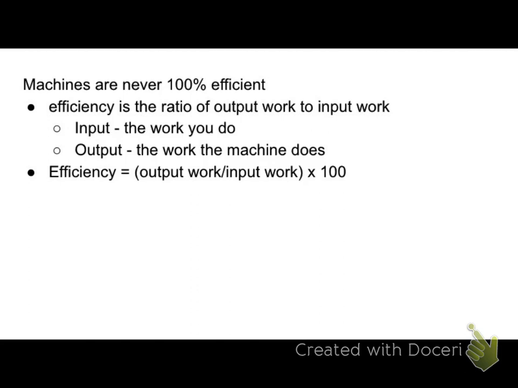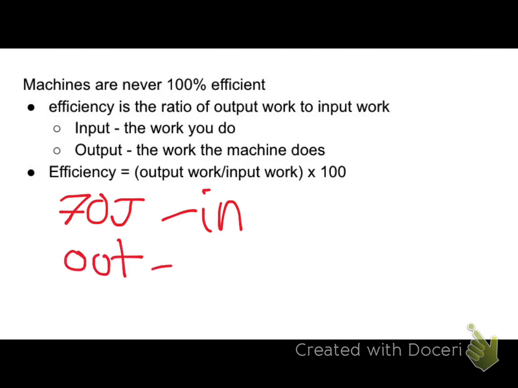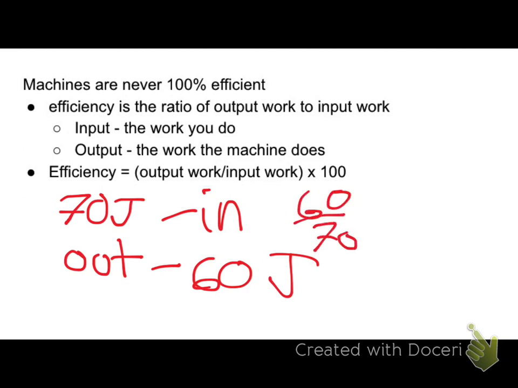You can calculate efficiency using the formula efficiency equals output work divided by input work times 100. So if I say my input work is, let's say 70 joules in, and my output is, let's say 60 joules, then I could calculate my efficiency by doing 60 divided by 70 and then multiplying it by 100 to get the percentage.